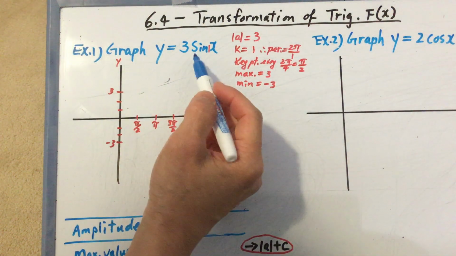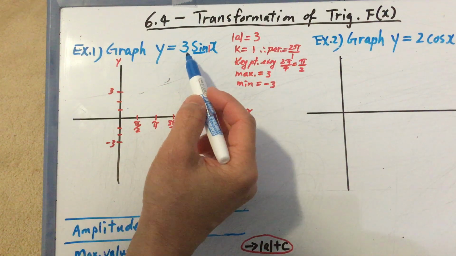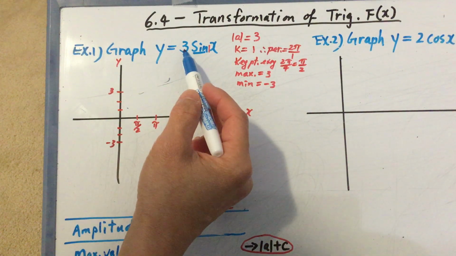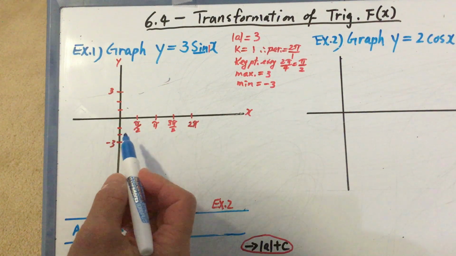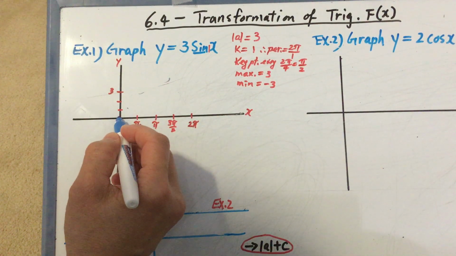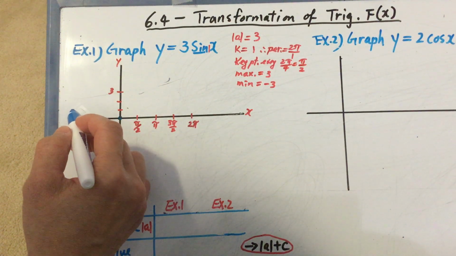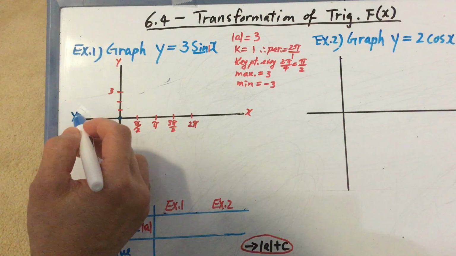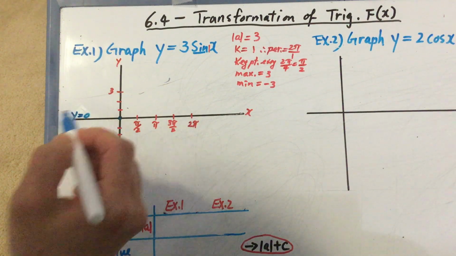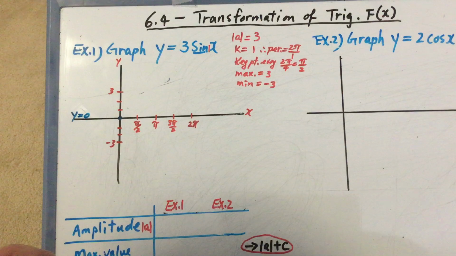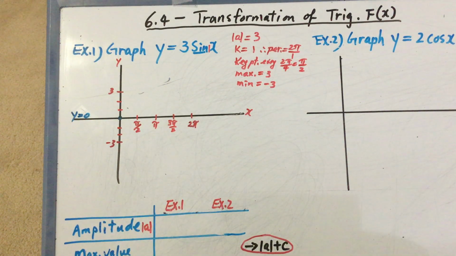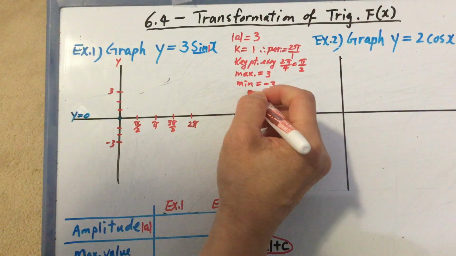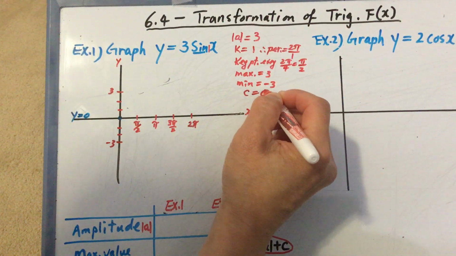Because this is a sine, and the amplitude a is positive, we know that the starting point for the sine function always starts at the equation of axis, and the equation of axis is y equals 0, because we already know that the c is equal to 0.